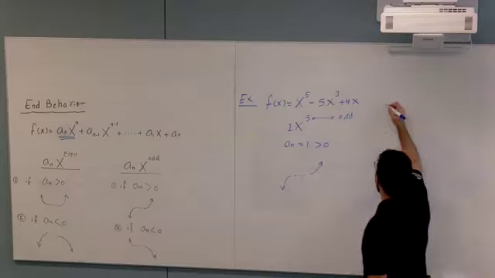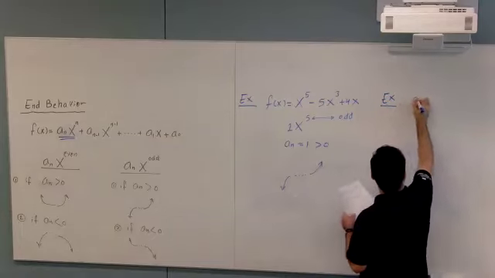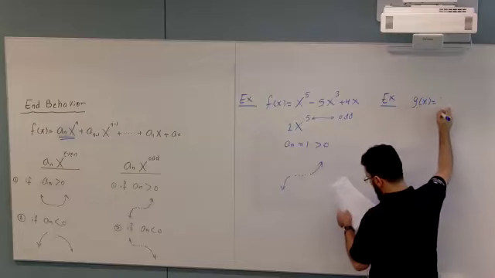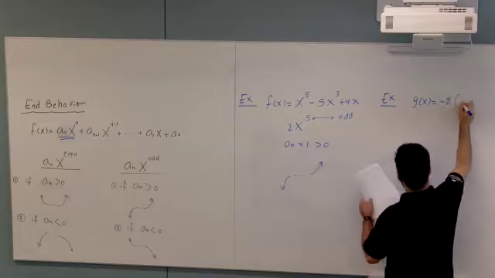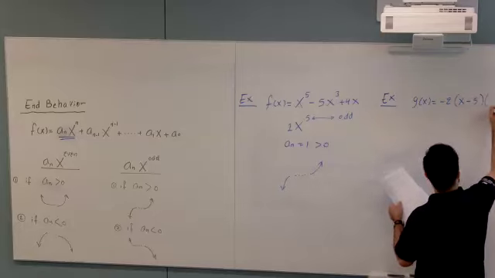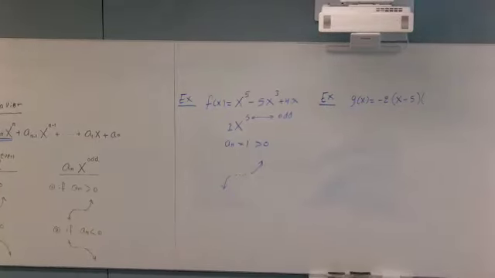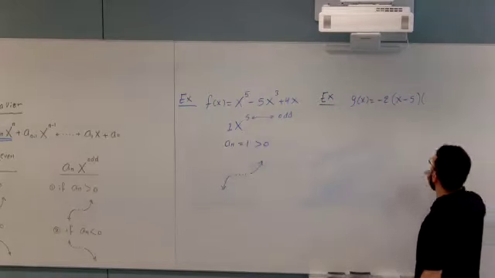Question 2, we have g of x equals -2 times (x minus 5) and (x plus 1).